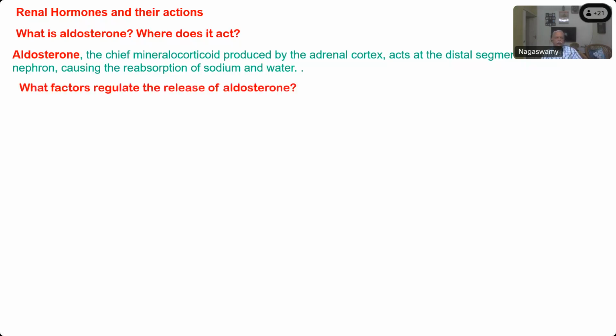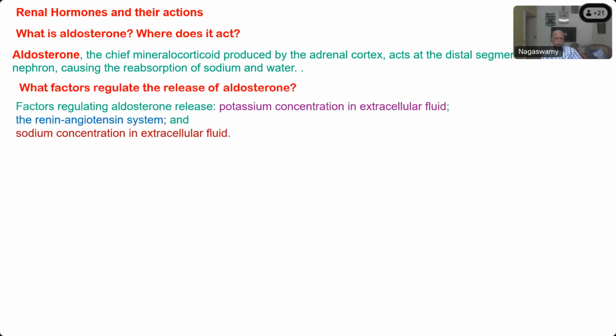What factors regulate the release of aldosterone? Hyperkalemia, low sodium, hyponatremia, hyperkalemia. Which is more powerful? Hyperkalemia. Yes. Factors regulating aldosterone are potassium concentration in the extracellular fluid. That is, if the potassium level is high, it will immediately stimulate aldosterone release.